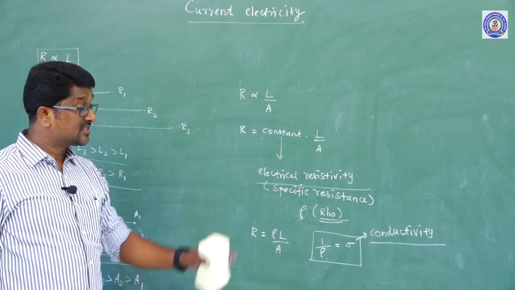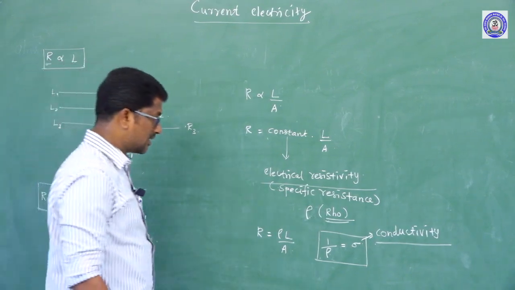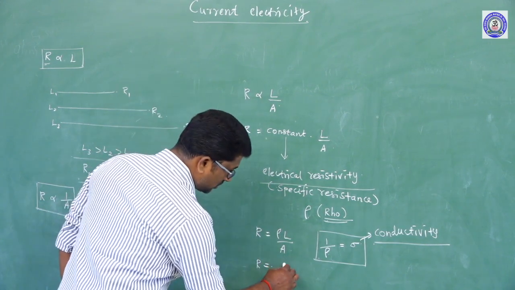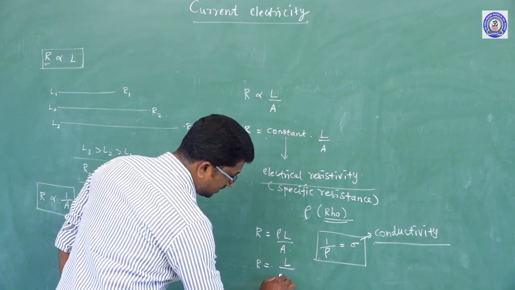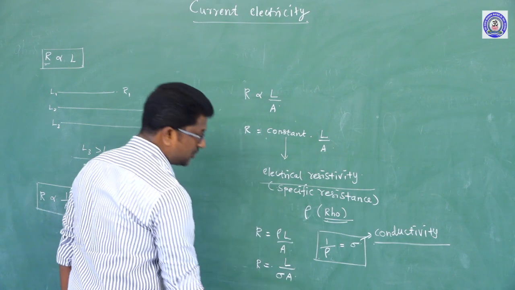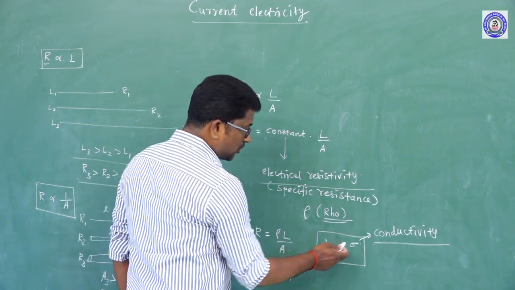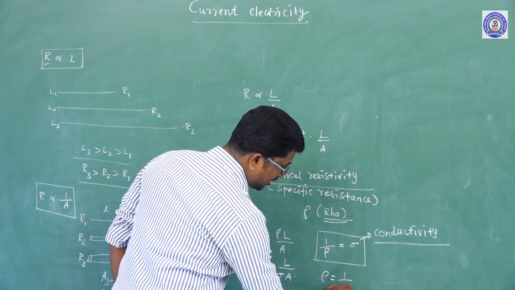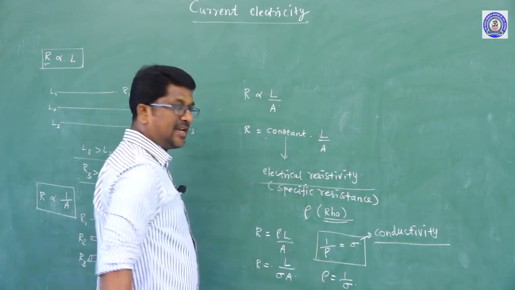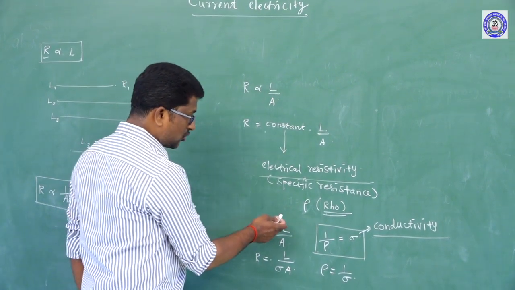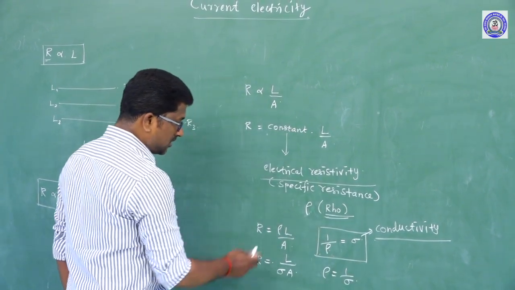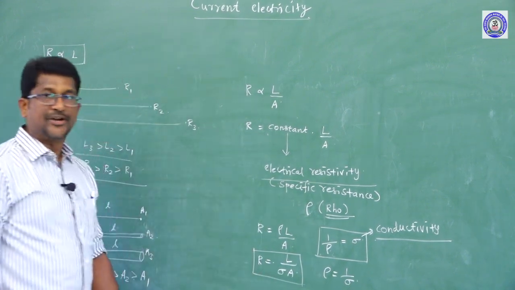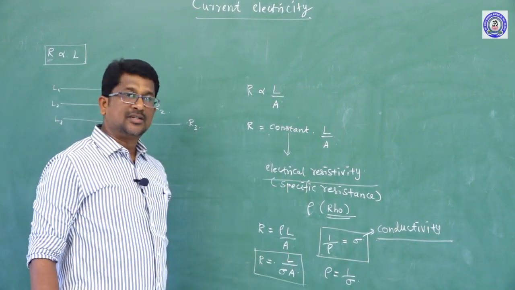Reciprocal of electrical resistivity is called conductivity, right. 1 divided by rho is equal to sigma, therefore rho equal to 1 divided by sigma. So instead of rho, 1 divided by sigma, this equation becomes R is equal to L divided by sigma into A.